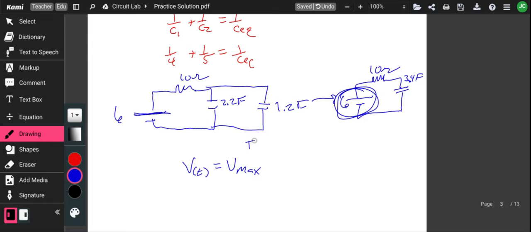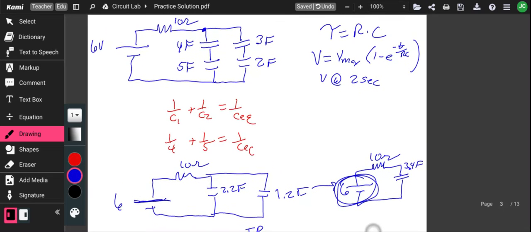Sometimes we see this as IR because we do a substitution in there. IR is equal to V. It would be I max. But if we're given the V, it's the voltage of the battery. We can't have any more voltage than the source. And then we are going to multiply that by the equation 1 minus e to the negative t over RC. We call RC the timing constant.